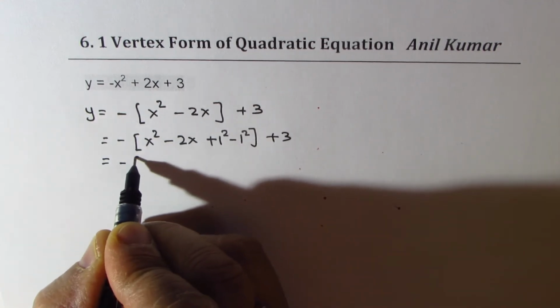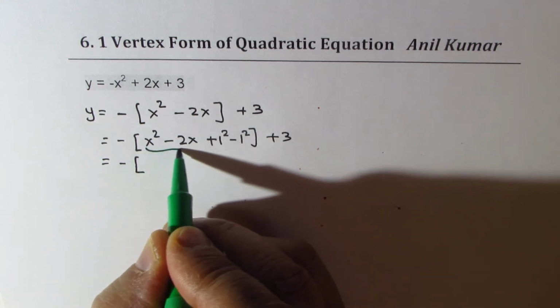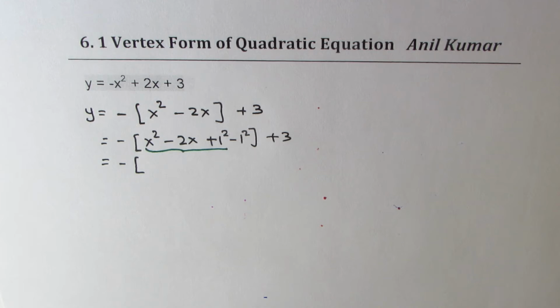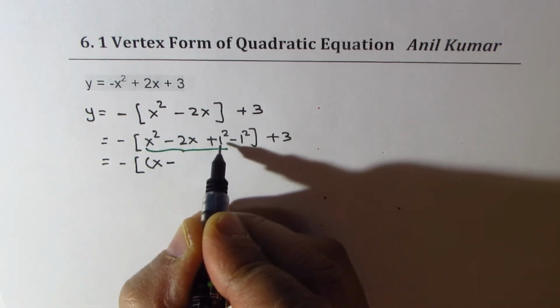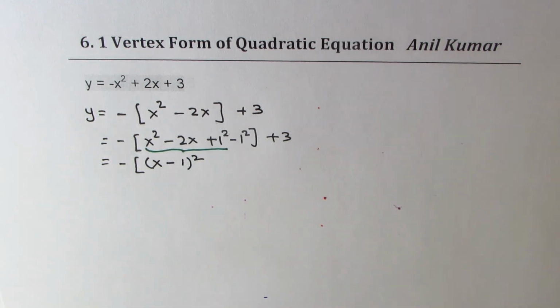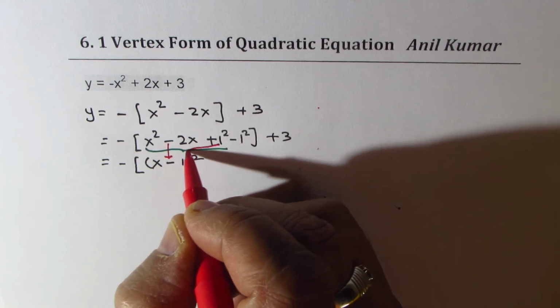So when you do that, the first 3 terms will form a perfect square, which can be written as x minus 1. Do you see that? So we picked up the negative sign from here and the number 1 from there.